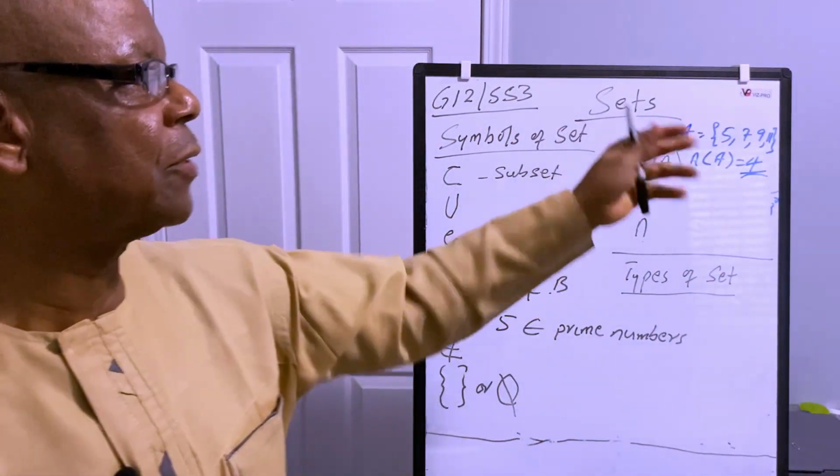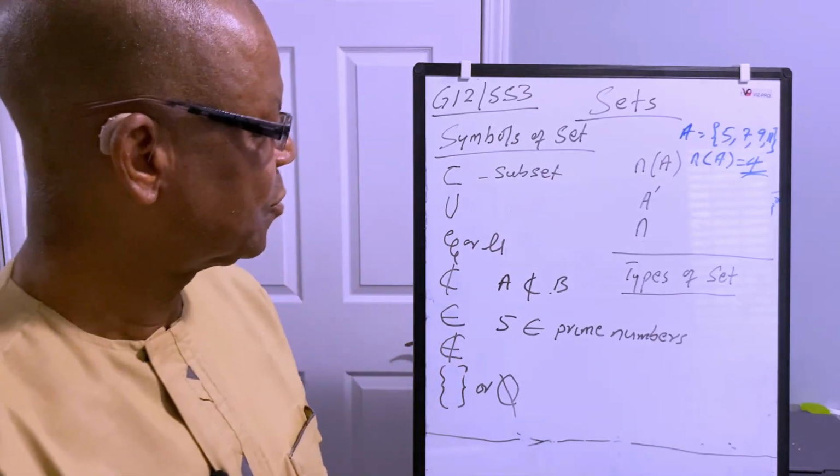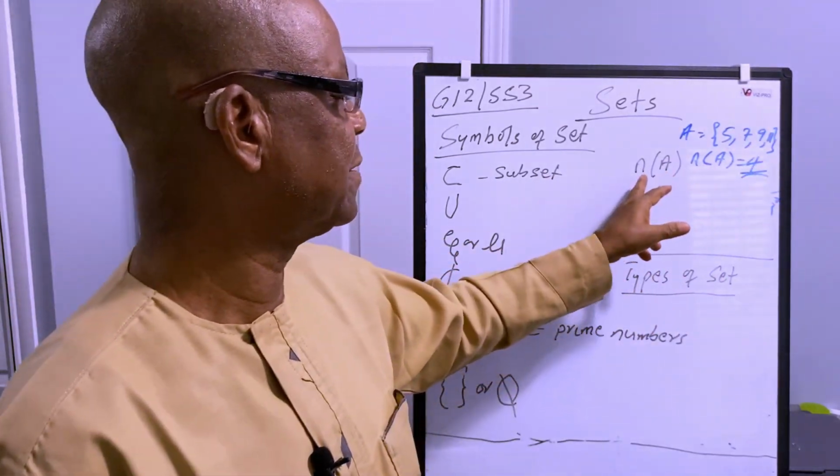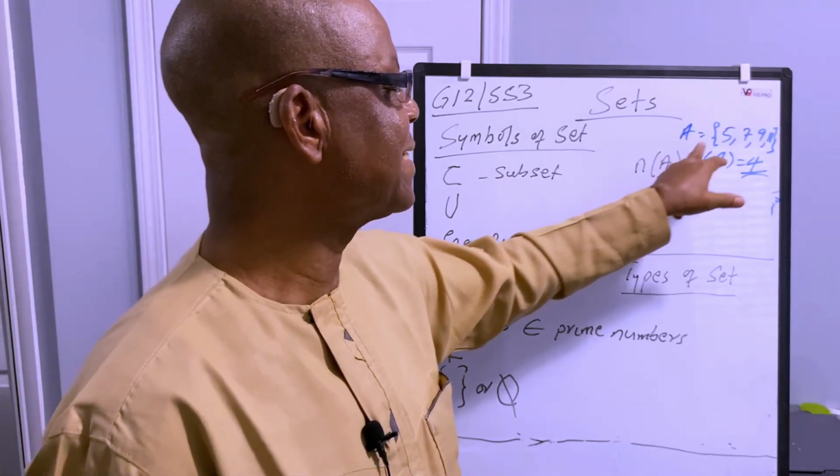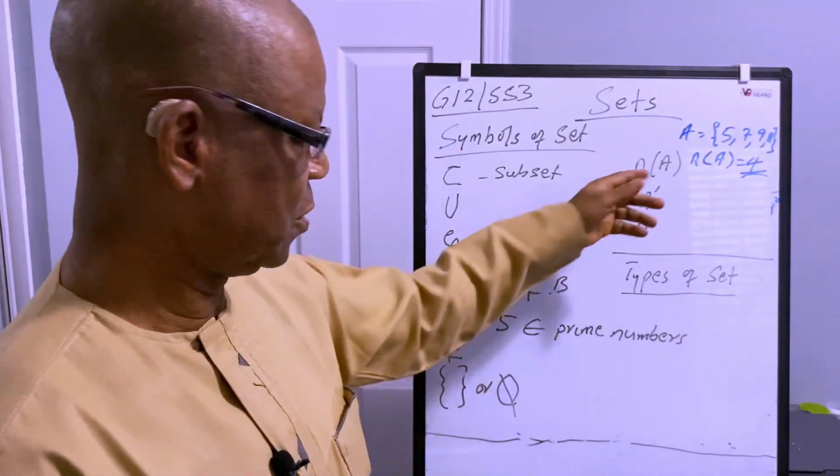We count it: 1, 2, 3, 4. So there are 4 elements. This is what it means: the number of elements in set A. That's what it stands for.